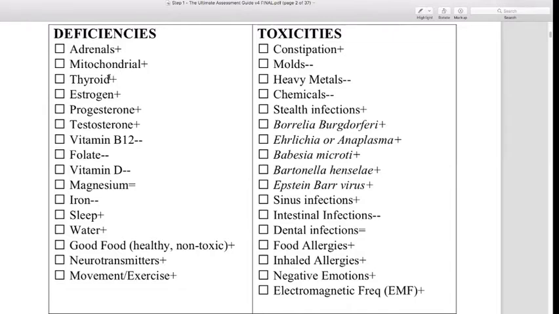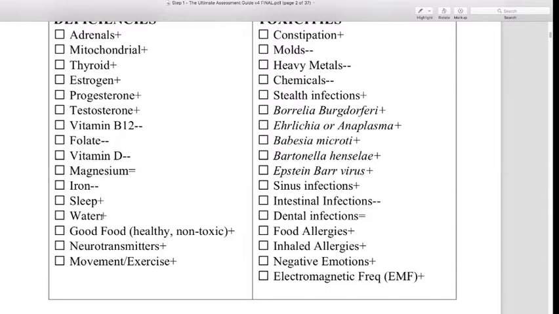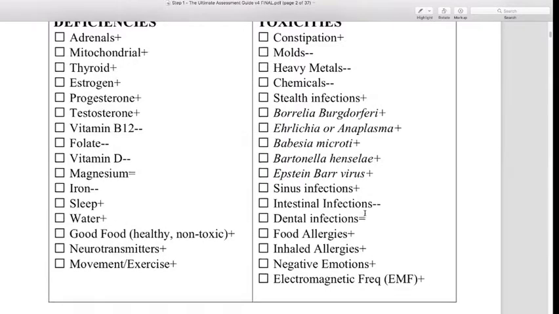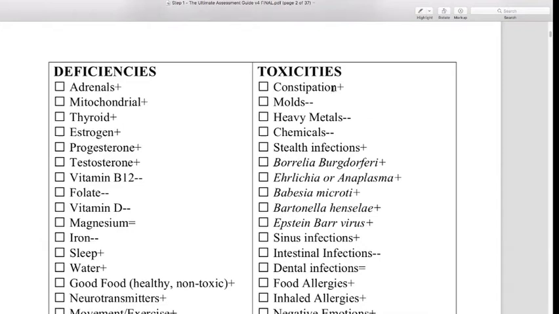Okay, and then mitochondrial, thyroid. So we're talking about the mitochondria, we're talking about hormones here. Some of these nutrient deficiencies need to be done by labs. Magnesium can be done by symptoms, sleep, water deficiency, good food, neurotransmitters, movement and exercise, constipation.